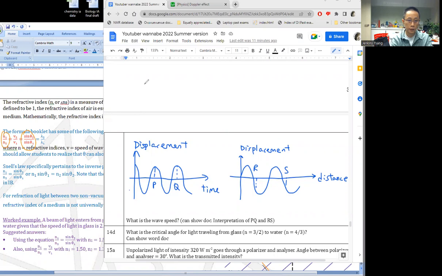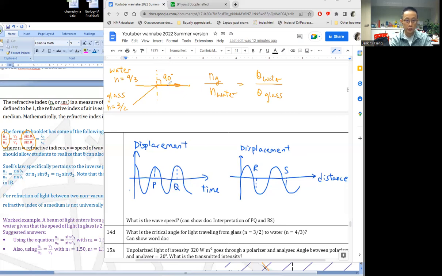And you further need to recognize that when light travels from the dense medium to the less dense medium, so glass is more dense optically than water, use n glass over n water equals sine angle water over sine angle glass. And further recognizing the angle in the less dense medium is going to be 90 degrees if we are at the critical angle.